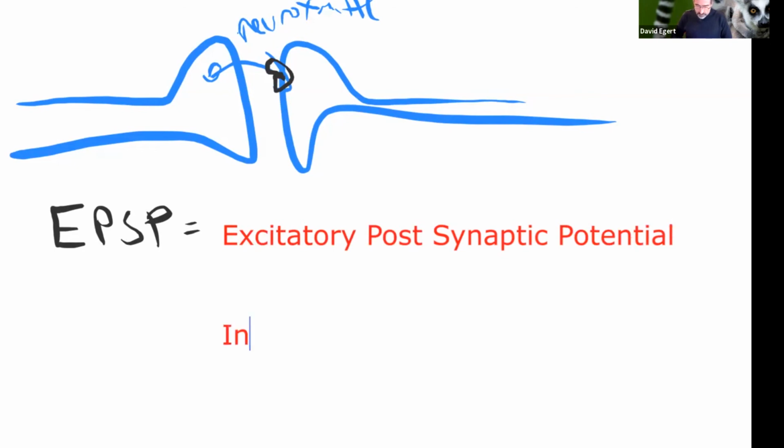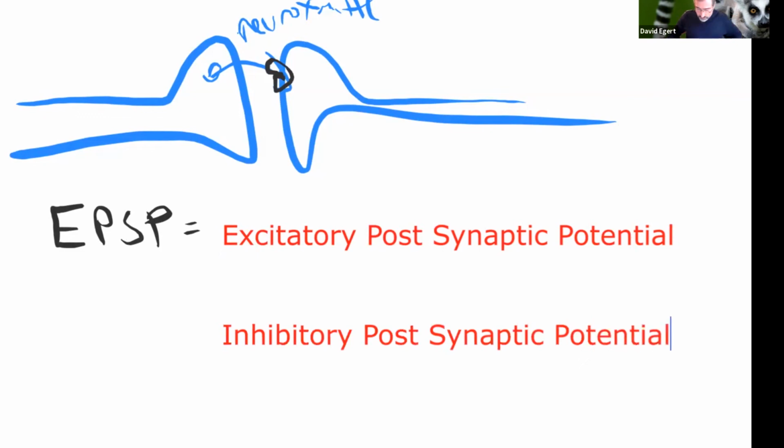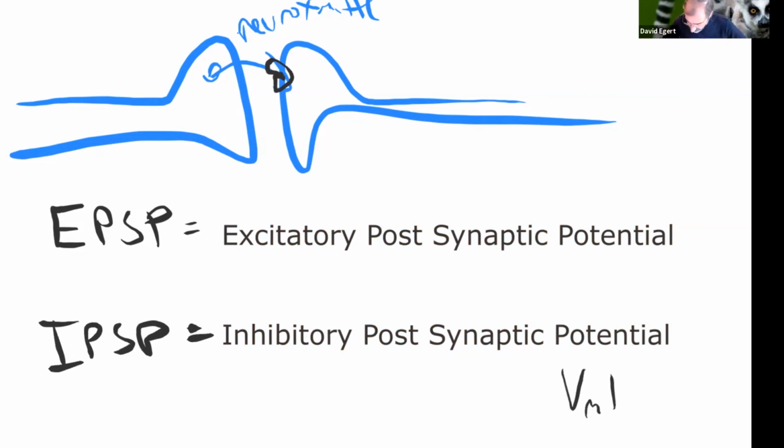Or the other thing we have are inhibitory post-synaptic potentials. This IPSP. That's if VM goes down. Excitatory is if VM is going up.